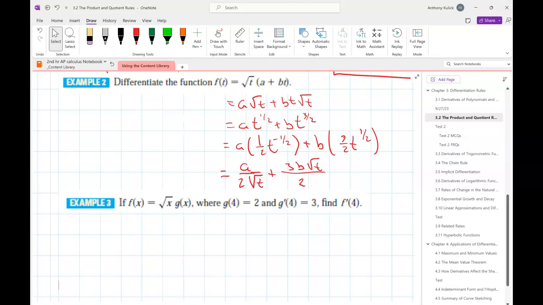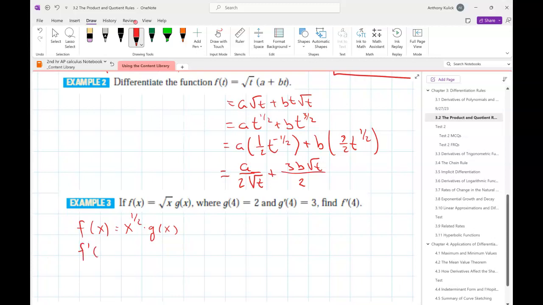This question here is another very, very common AP question format. If f of x is equal to the square root of x times g of x, and we're told that g of 4 is 2, and g prime of 4 is 3, find f prime of 4. So again, I would start by rewriting the square root of x as x to the 1/2.